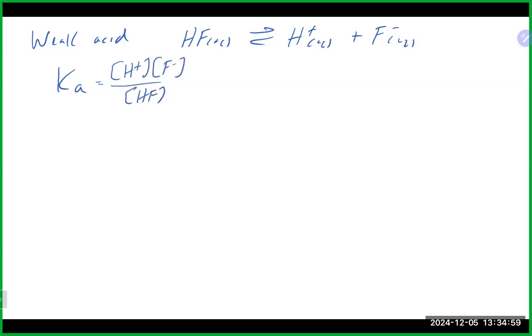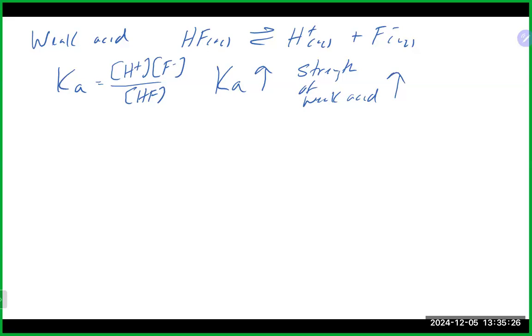Now, if we wanted to figure out the pH of this, we would have to do something a little different than for a strong acid or a strong base. But when we compare Ka values, the larger the Ka value, the more the strength of the weak acid increases.